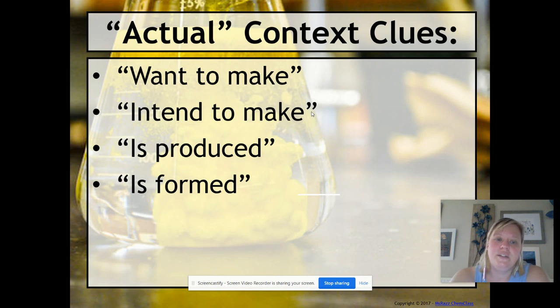And usually when these types of words are used, how much is actually produced, or how much is formed, or if you intend to make, you can tell whether you're looking at theoretical yield versus actual yield.